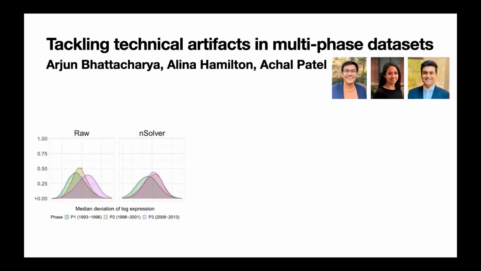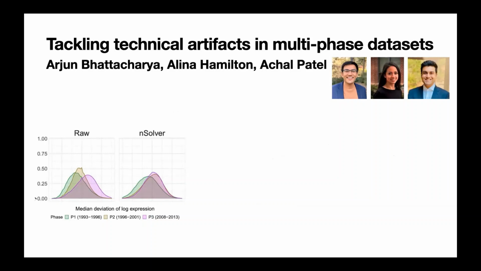But first, we were presented with these batch effects. So we started to look at the data, and this is work by Arjun Bhattacharya, Alina Hamilton, and then more recently, Achal Patel. And we saw here are three densities for the three phases of the study.